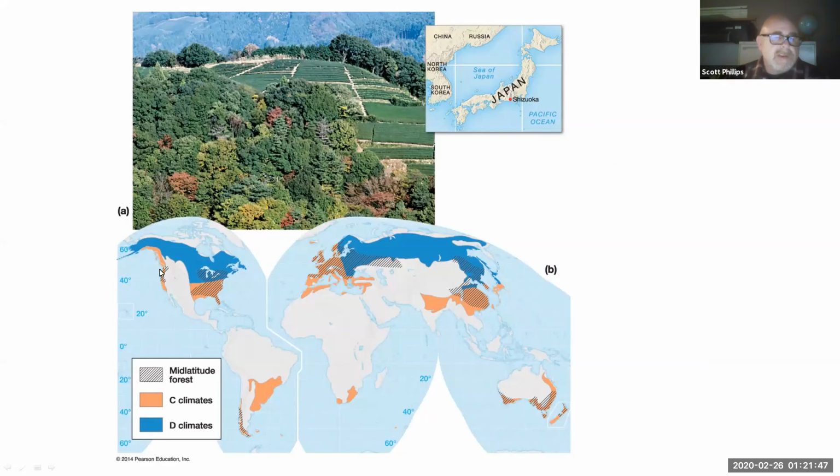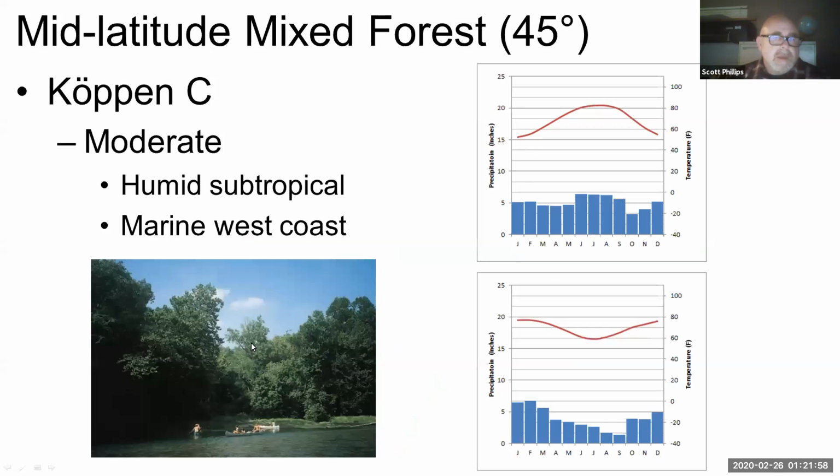This is showing the distribution of these climates and mid-latitude forests, including parts of California. They go along with the Köppen climates which are moderate and wet, including humid subtropical, which are typical in the southeastern United States, and marine west coast, which can extend from Northern California further up.